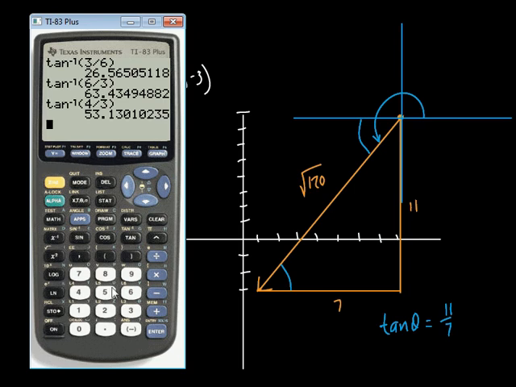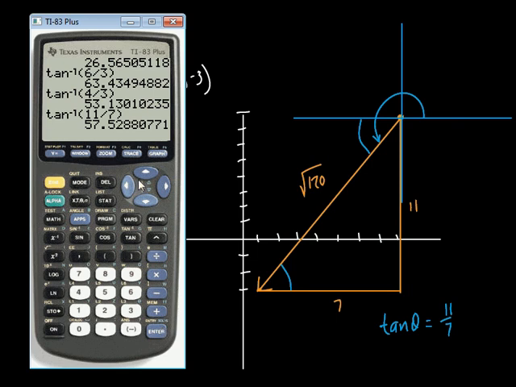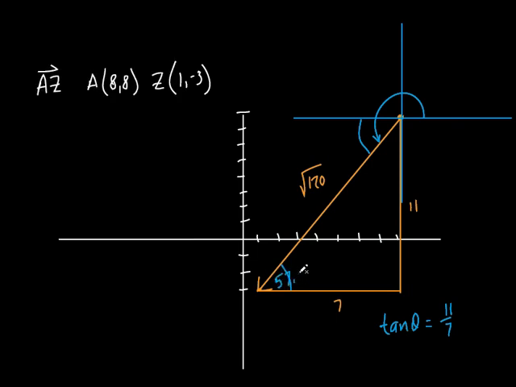Yes? Can you do number 6 really quickly? All right, let me do this one. 11 over 7. 57.5, right? So that's 57.5, and that's 57.5 right there.